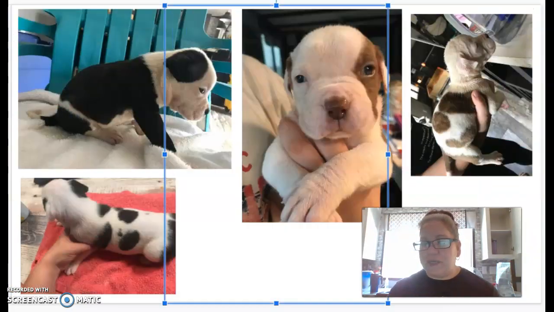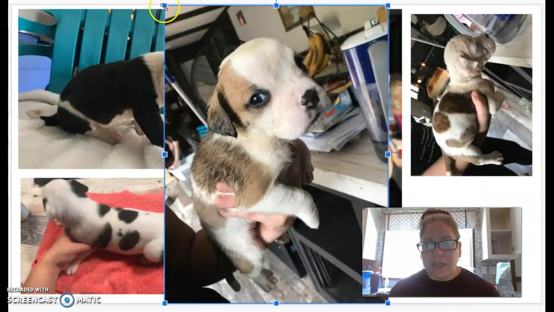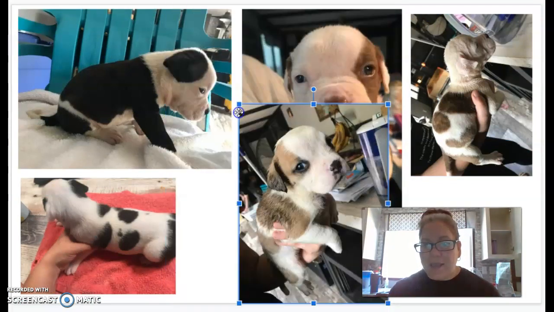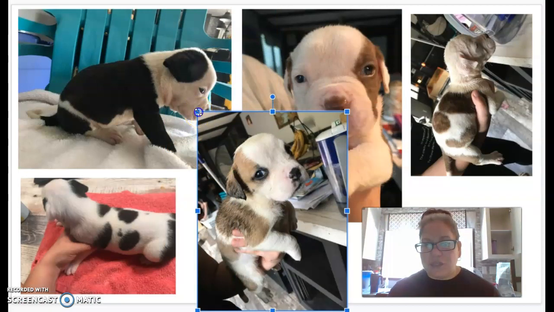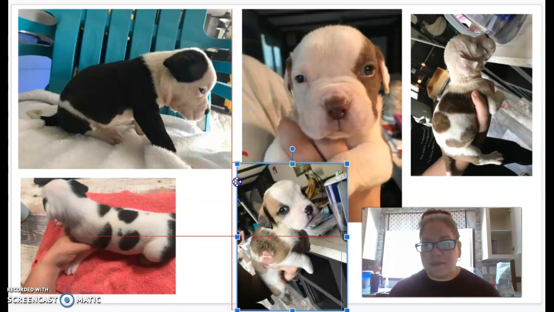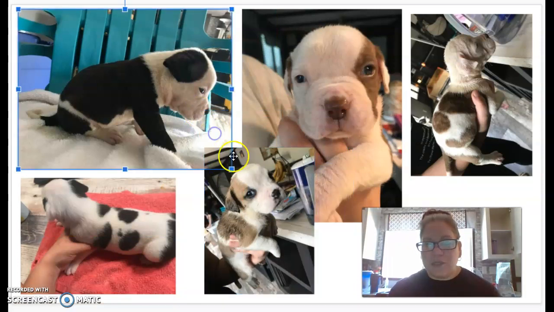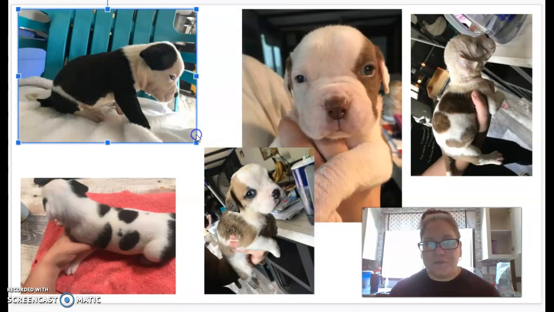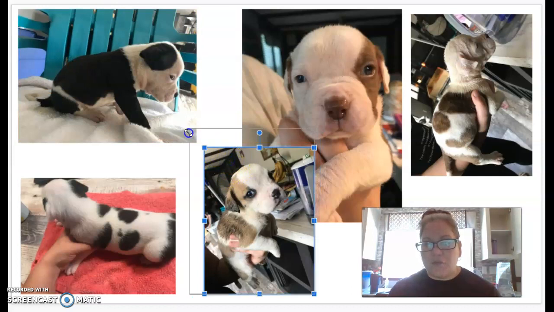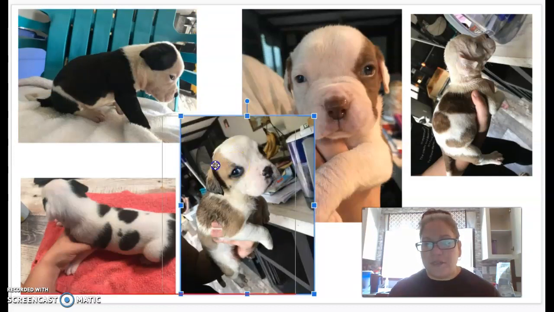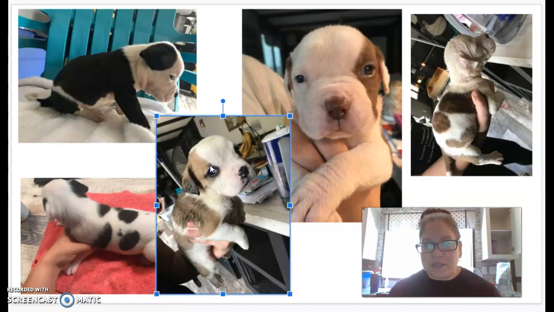And then we have this crazy girl, and she is a combination of them as well. As you can see, her eyes, it looks like she has eyeliner on. And her fur is different than the other dogs. Her fur is longer than her siblings' fur. So even though her parents don't have this trait, it did come out.